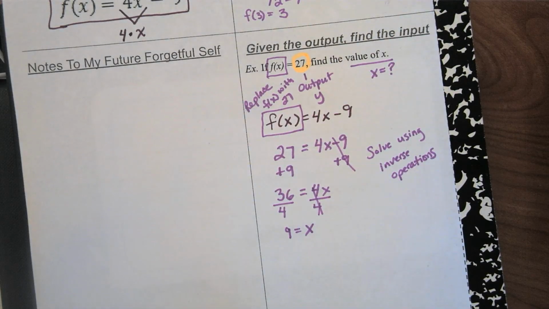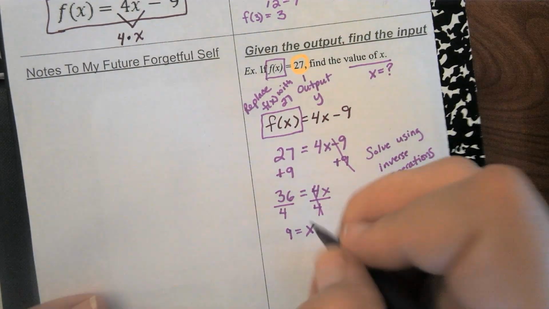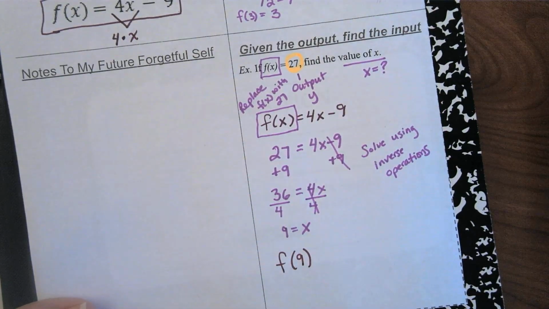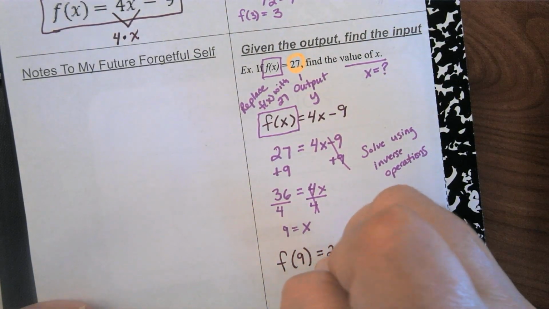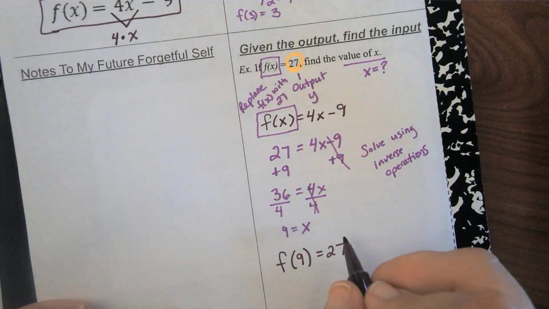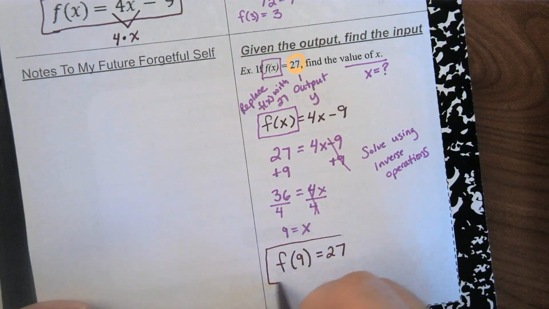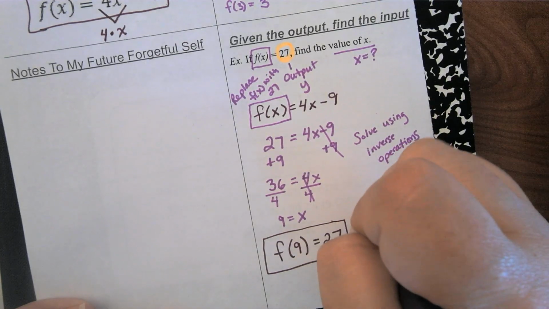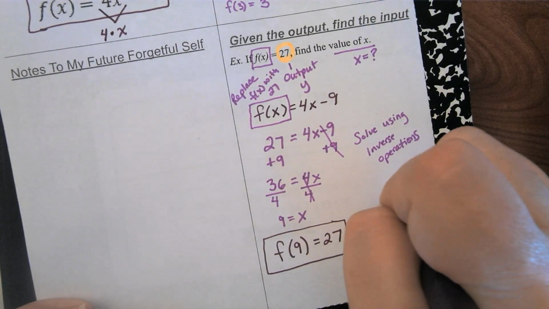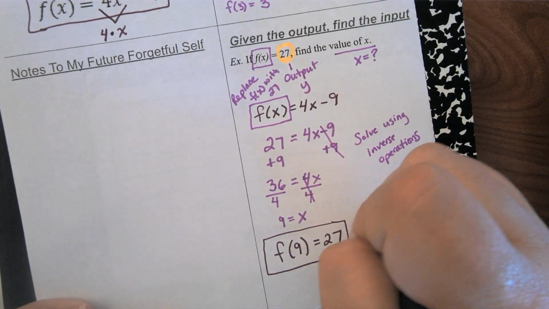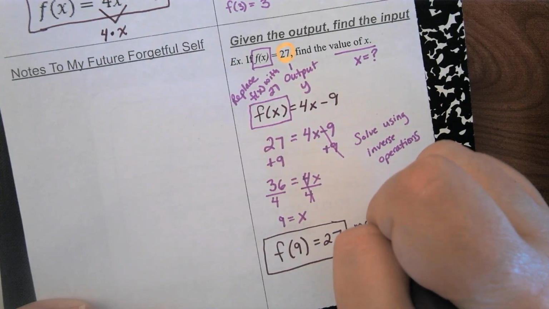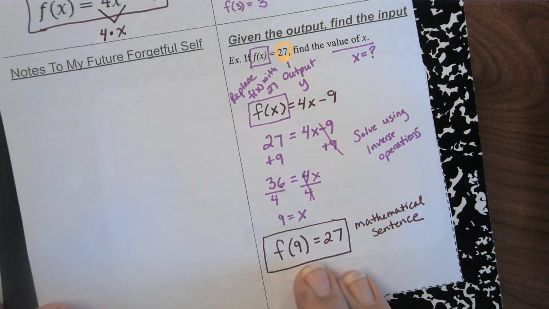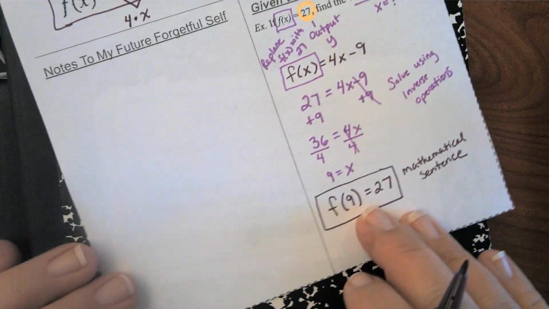So if we were to write our notation now, what we just discovered is that when you have the f function and you put a 9 into it, 27 comes out of it. So this here is a mathematical sentence. What this is shorthand for is a sentence that says the following.